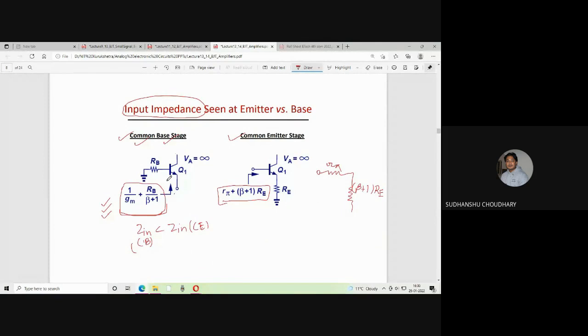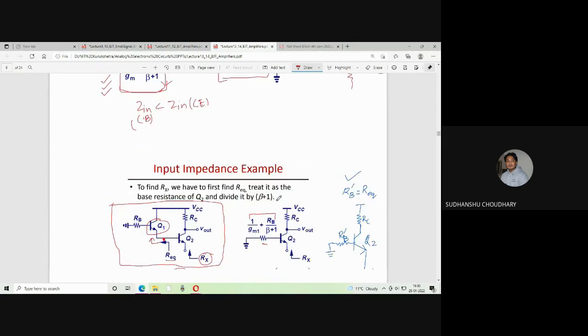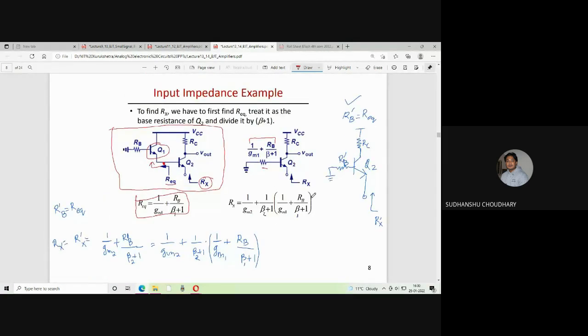For this circuit, again, the impedance looking into the emitter is 1 by Gm plus Rb by beta plus 1. So I can write Rx, in fact R dash X, using the same equation. This time I'll call it 1 by Gm2 and Rb by beta 2 plus 1.